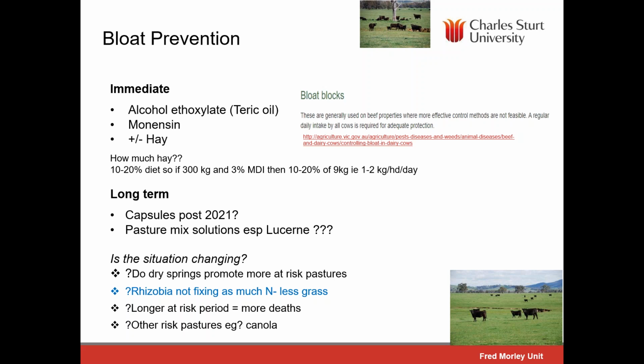They need to get around about 10 to 30 grams a day, and that is effective, but they need to get it every day. It's not protective. It physically works by breaking down the foam so that they can get rid of the gas.